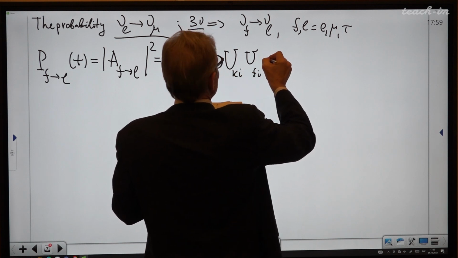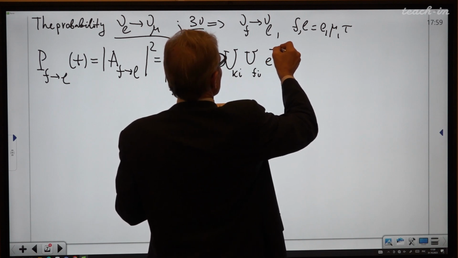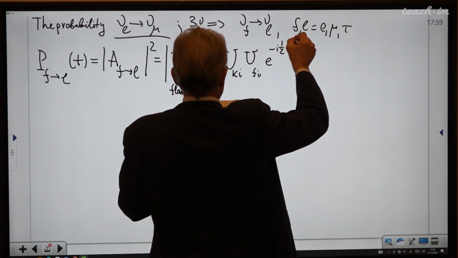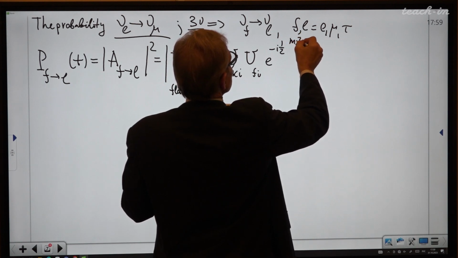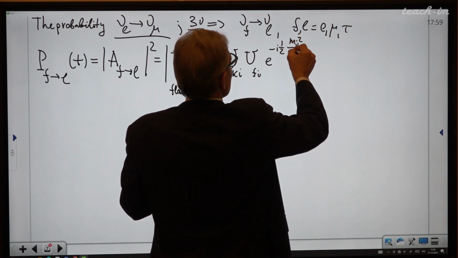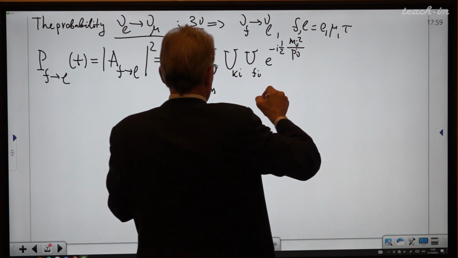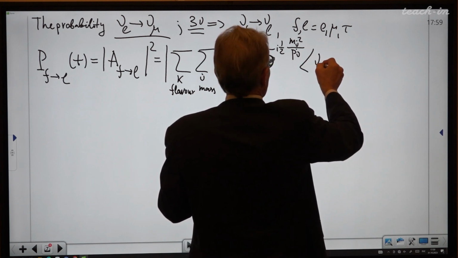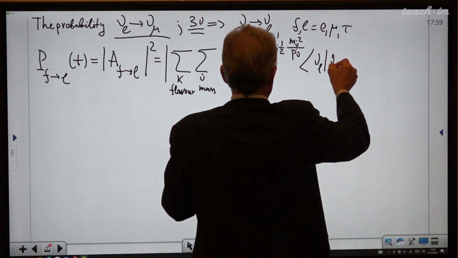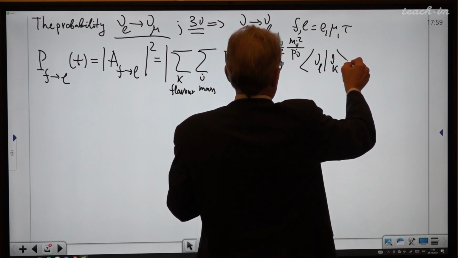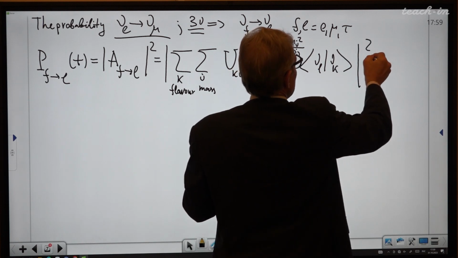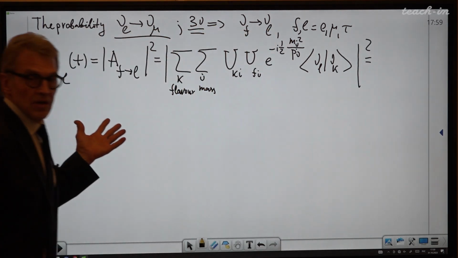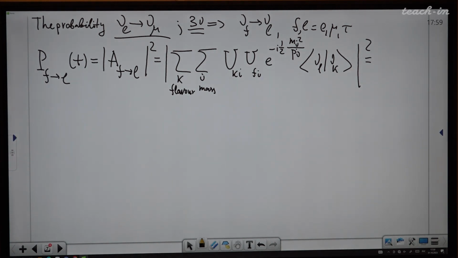Then we write the exponent minus i divided by 2, mass squared of mass neutrino, over p_i, and here this is neutrino of flavor L, and this is neutrino of flavor K, squared.